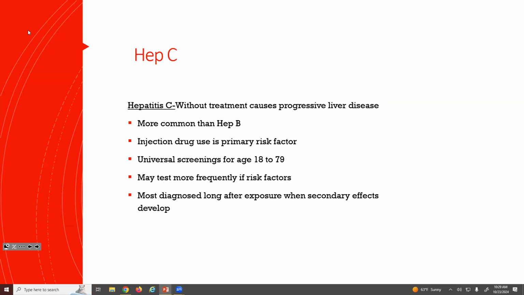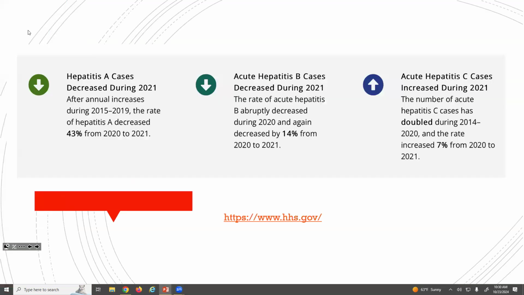Again, we may test more frequently if there are those risk factors, and then most are going to be diagnosed after that long-term exposure when they start to develop some of those other symptoms. So this one stays with you for a long, long time. I think that's the big one, if I think about it.